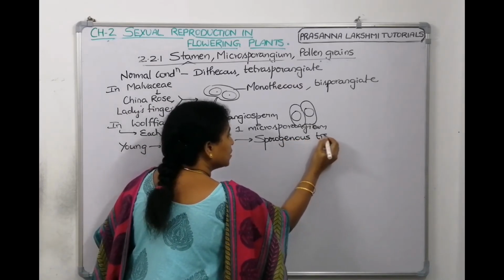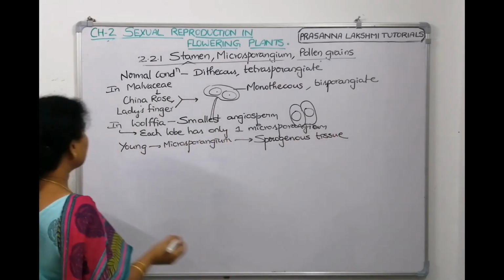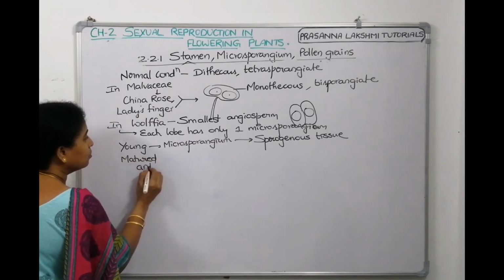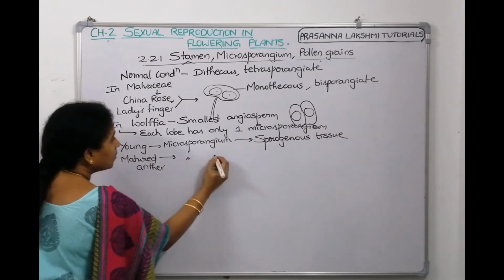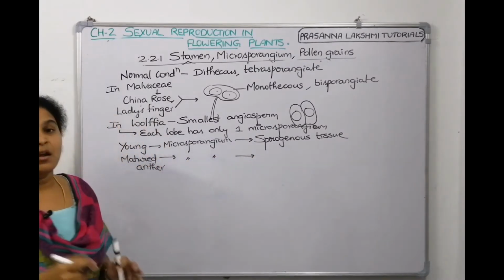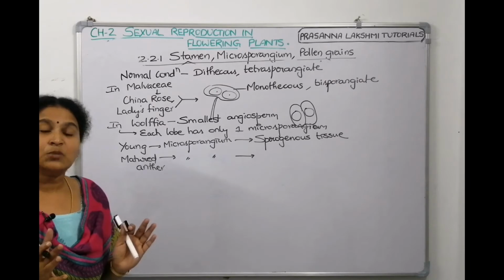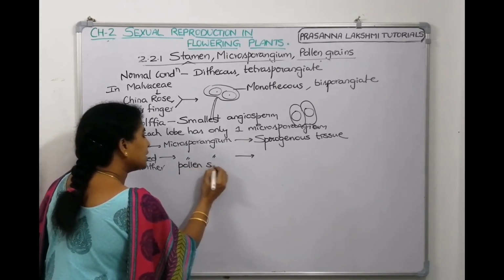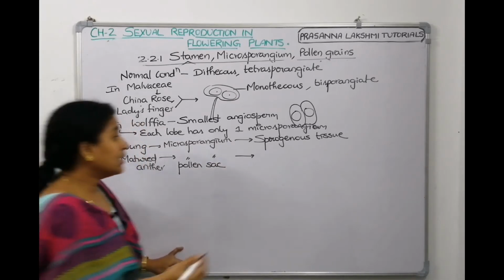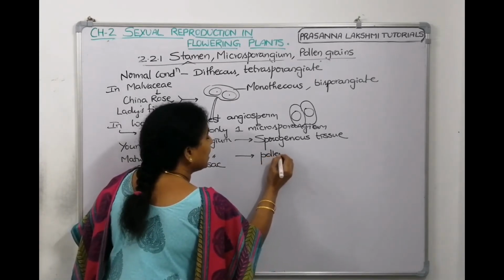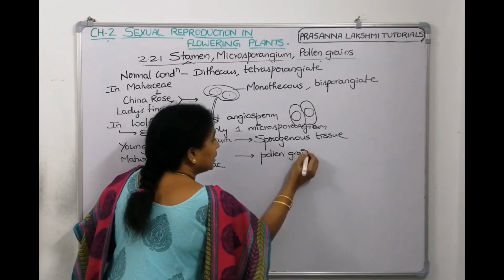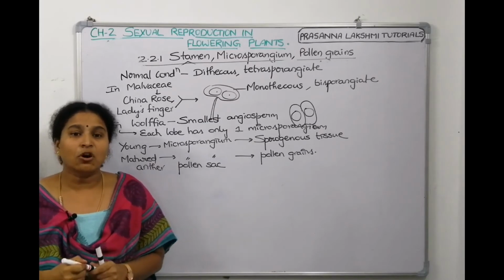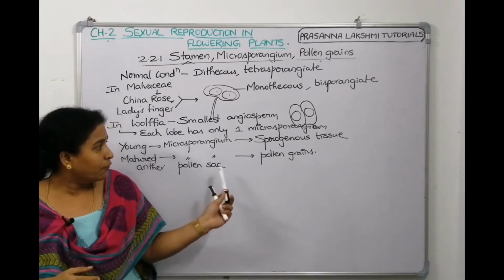Whereas if it is a matured anther, then the microsporangium will contain pollen grains and that is called a pollen sac. What does it contain then? Pollen grains. Understood?